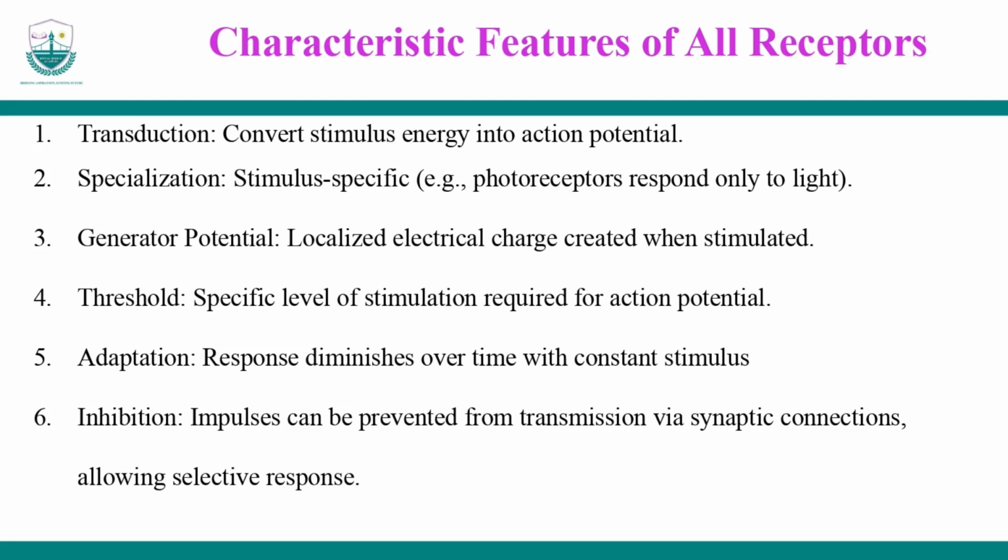You have different neurons that connect to convey this information to the brain. The connection between these neurons is what we call the synapse, and therefore at the point of transmission, at a synaptic connection, you can still have inhibition there, and that can give you what you can call a selective response.